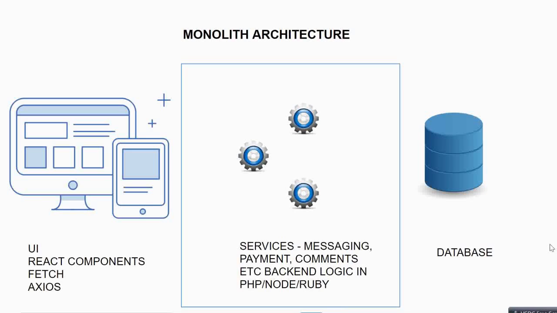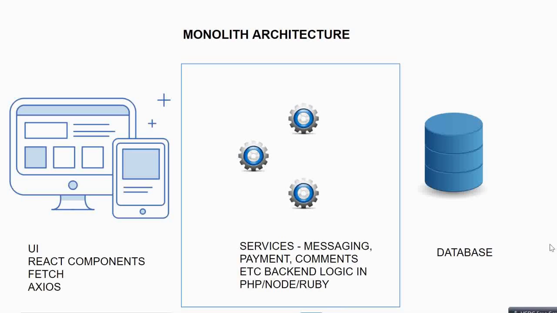Now the backend, in general, what happens is there are all the business processes and services running inside a single server, and everything is taken care of within the same container. So this is what monolith does.